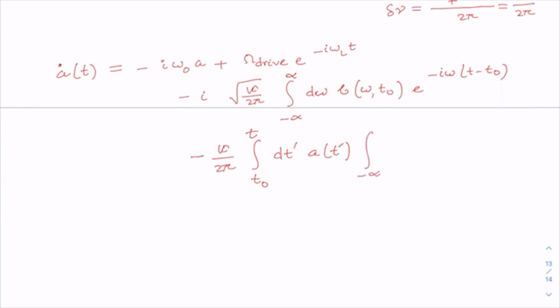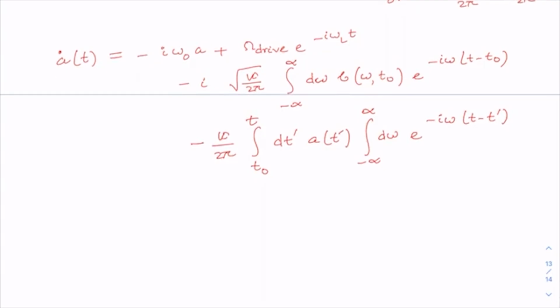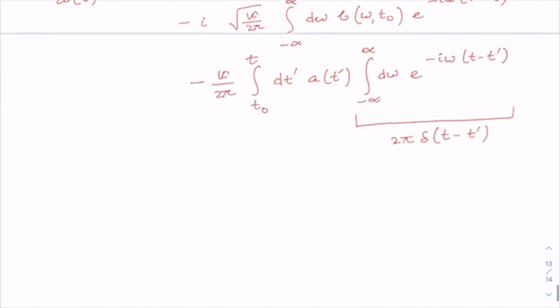integration minus infinity to plus infinity d omega e to the power minus i omega (t minus t dash). You may recognize that this particular term is nothing but the Dirac delta function: it is 2 pi times delta of t minus t dash. Let us look specifically at this last term.